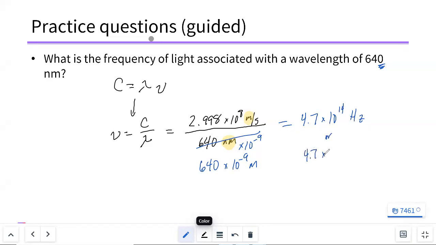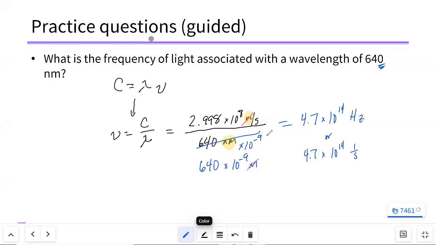Which would be the same thing as 4.7 times 10 to the 14th reciprocal seconds. So 1 over s and hertz are the same thing. The reason we get 1 over s here is because if I cancel out my meters, all that's left is s in the denominator and nothing in the numerator.